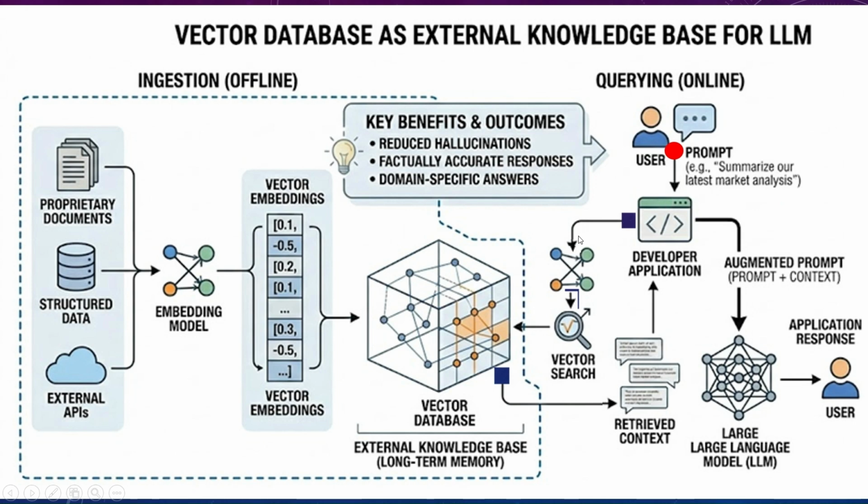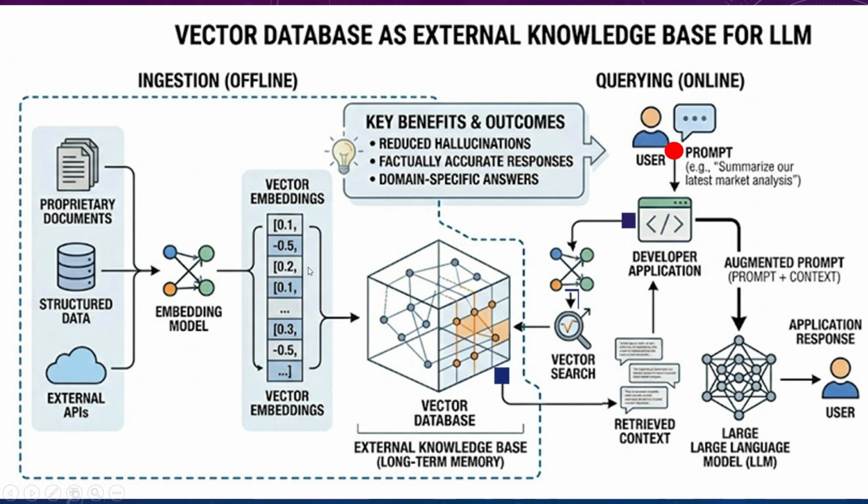And it goes and looks for a vector search in the vector database. We have already seen the vector database is built using vector embeddings, collections of strings of zeros and ones. And these are all grouped in such a way that when you do a search, it returns a semantic or meaningful result.